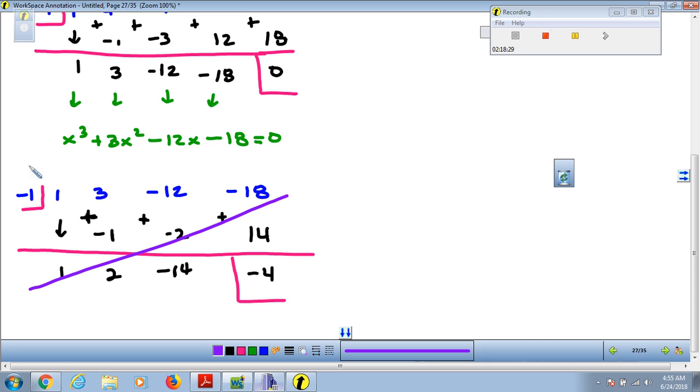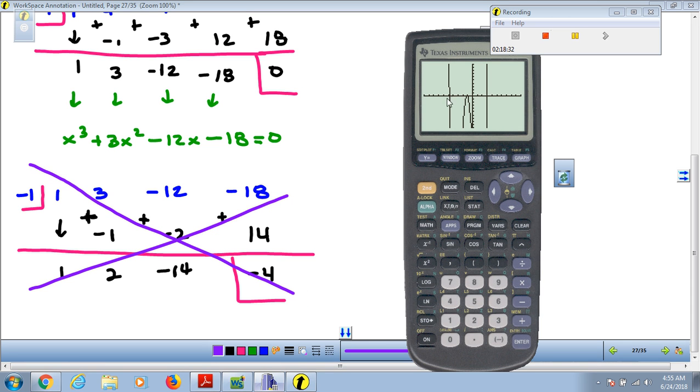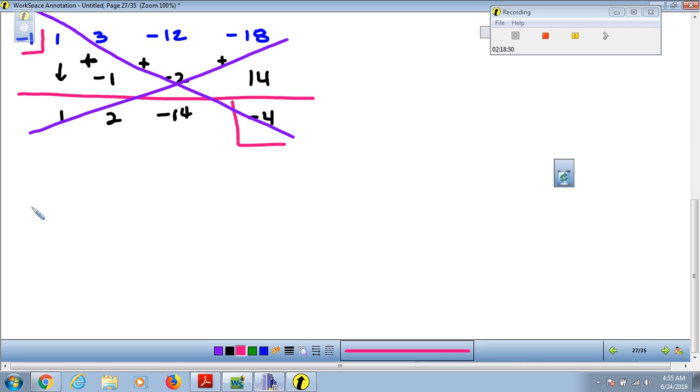So I'm not going to erase this, I'm just going to put an X so that you remember that if you have multiple different x-intercepts, choose another one. For example, I think it's crossing at 3 here. Let's see if it is 3. Yeah, right here at 3, there's an x-intercept, another solution. So remember that there are problems where you do reuse it, and some problems where you won't reuse it.